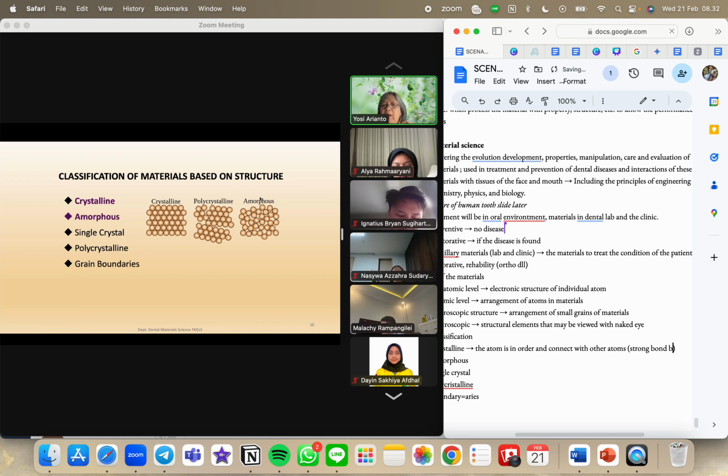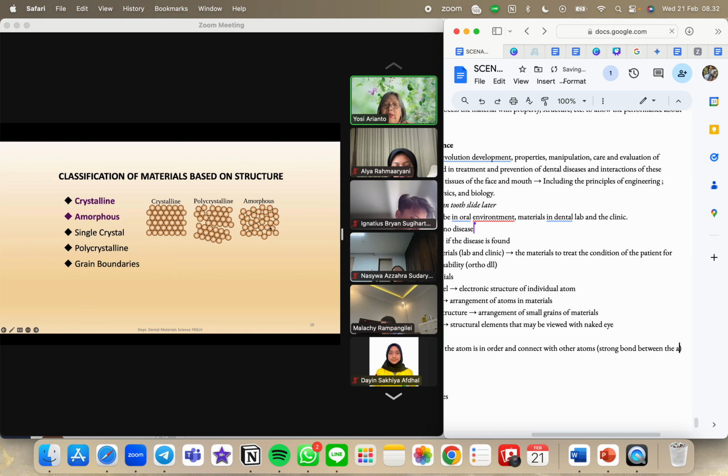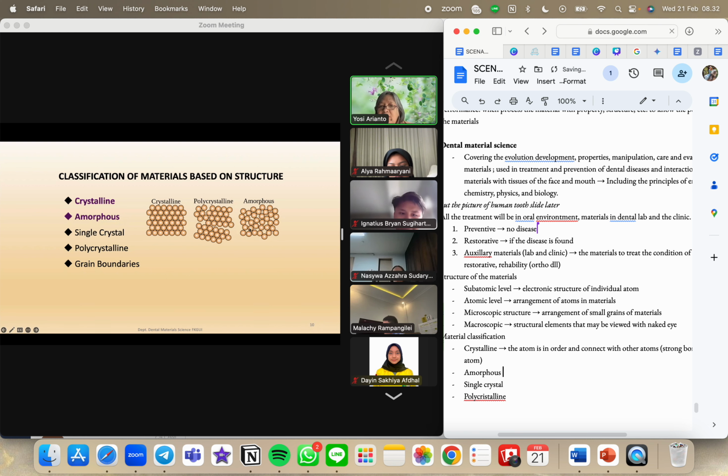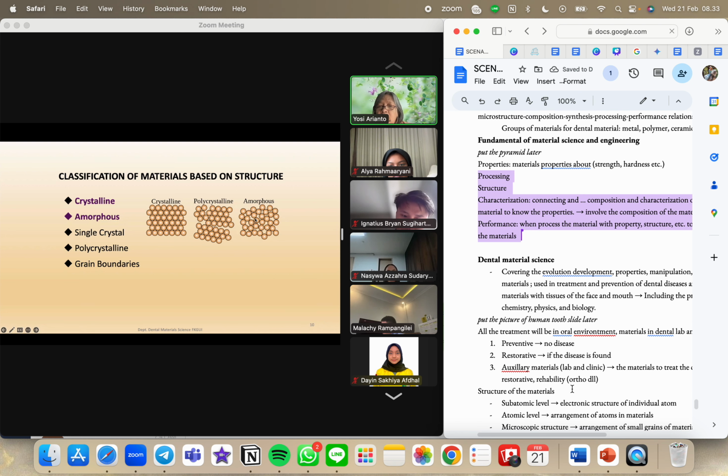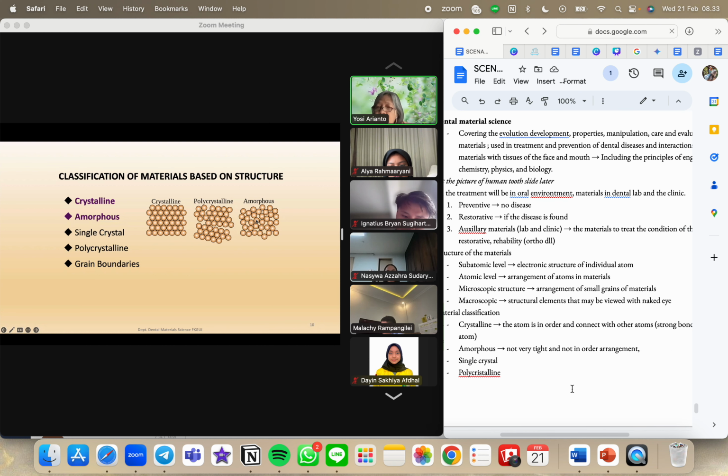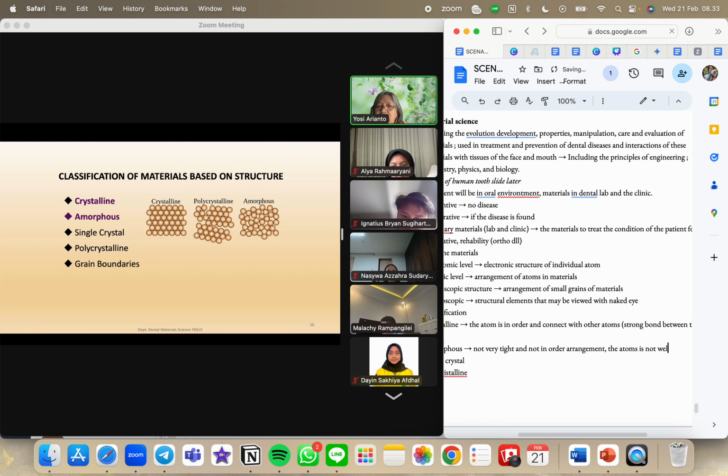And the amorphous has a not very ordered arrangement, not so ordered like this crystalline. So you can see that the atoms are not well bonded to each other.